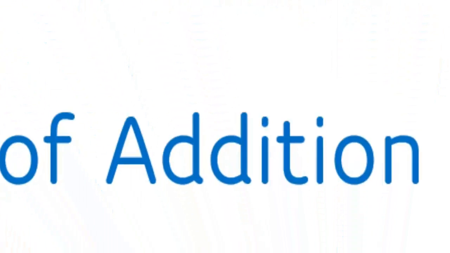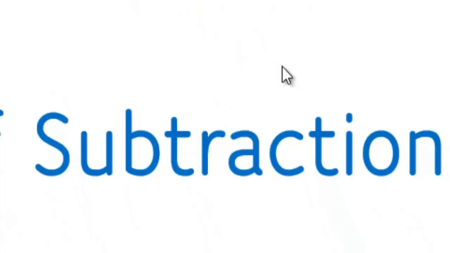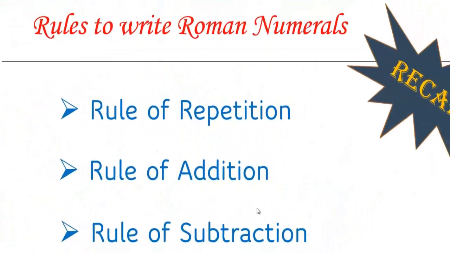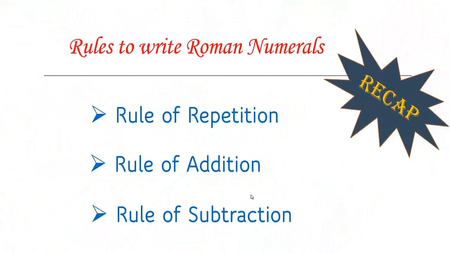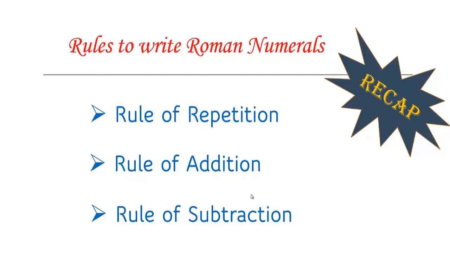The rule of addition says when a smaller value is written to the right of the greater value, then it has to be added with the greater value. The rule of subtraction says when a smaller value is written before the greater value, then you have to subtract the smaller value from the greater value. I hope all of you have noted down these rules in your notebook in yesterday's class.